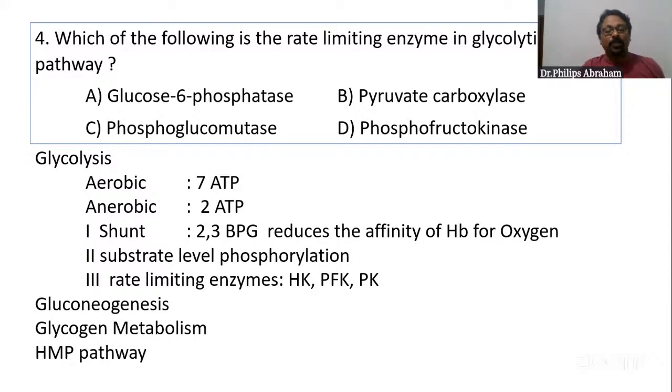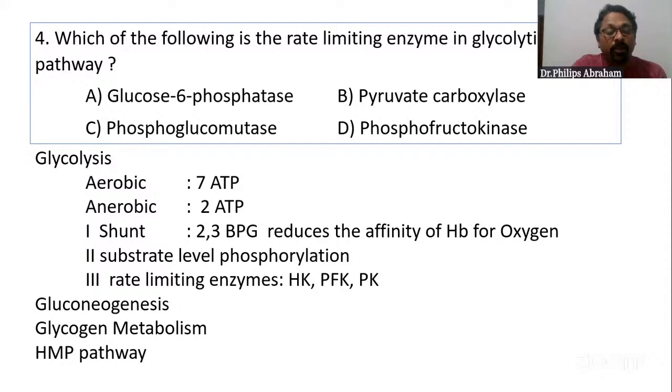We have one more major glucose pathway, called the HMP pathway, hexose monophosphate pathway or pentose phosphate pathway. There, the rate limiting enzyme is glucose 6-phosphate dehydrogenase. They can ask a similar question about the rate limiting enzyme of other pathways also. That's why we had a quick look. So I hope you understood the answer for the fourth question. Answer is D, phosphofructokinase.